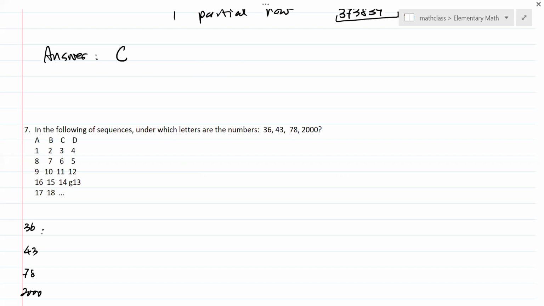Let's express 36: 36 divided by 4, we have 4 columns here. It's 9, so 36 is 9 times 4.